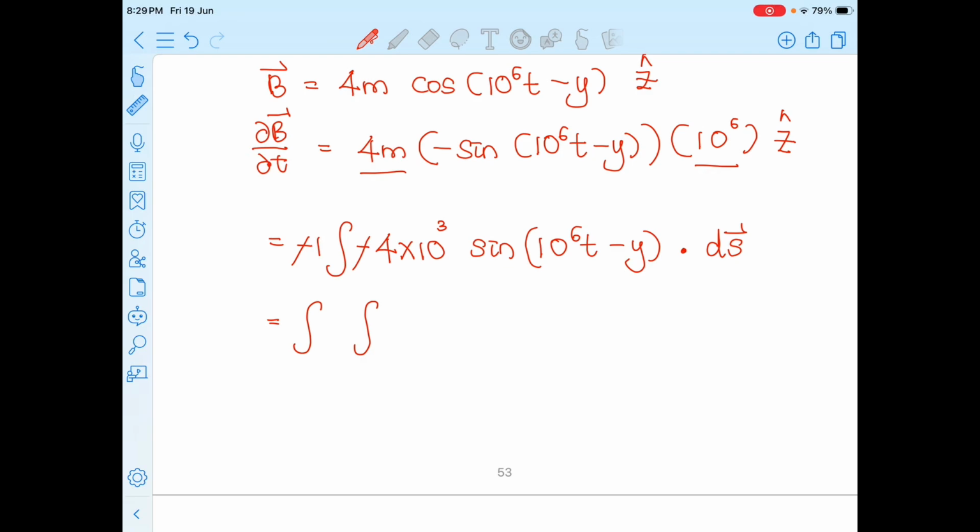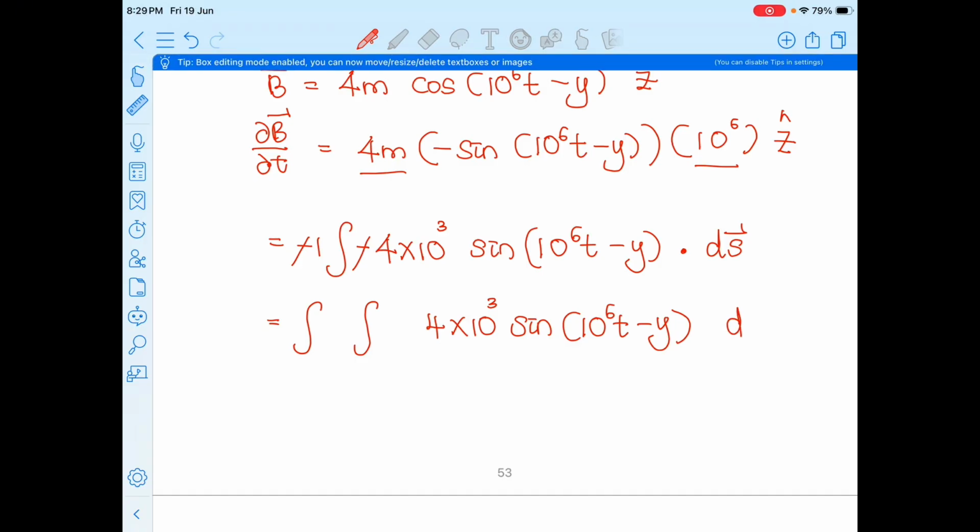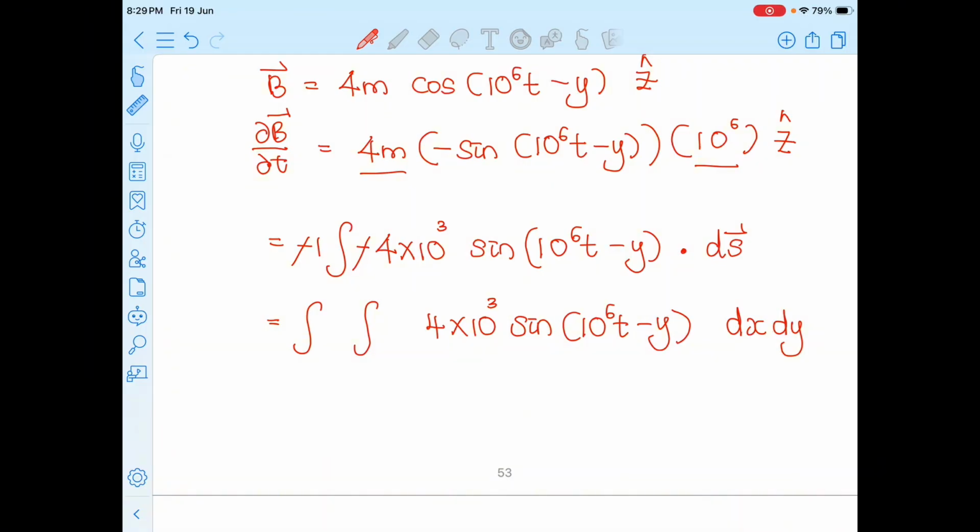So I will write down 4 times 10 power 3 sin 10 power 6t minus y, and the ds is going to be dx dy. For the x, it is from 0 to 6 cm. I convert it into meter, 0.06. And for the y, I put it with a variable.